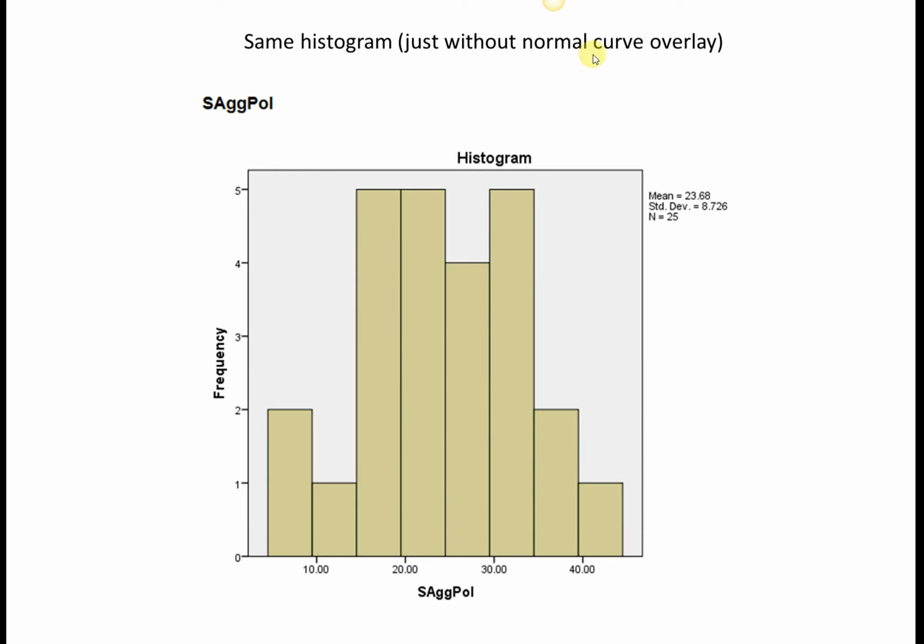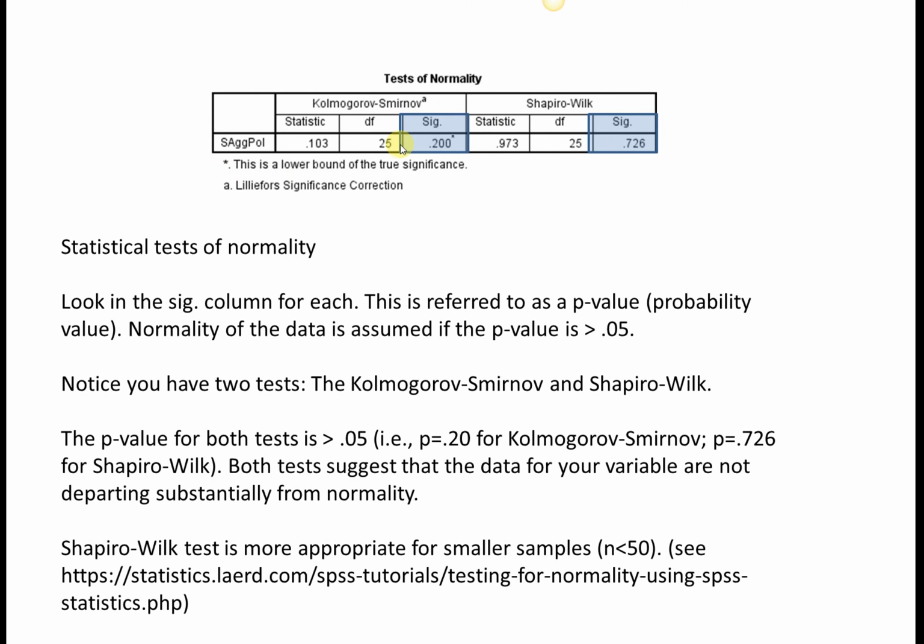It does not give us a normal curve overlay, but you can see generally it seems to be roughly following the normal curve, but it's not perfect, again, by any stretch. And then in this piece of the output, we have significance tests. This provides an inferential test for determining whether or not our data are following a normal curve.